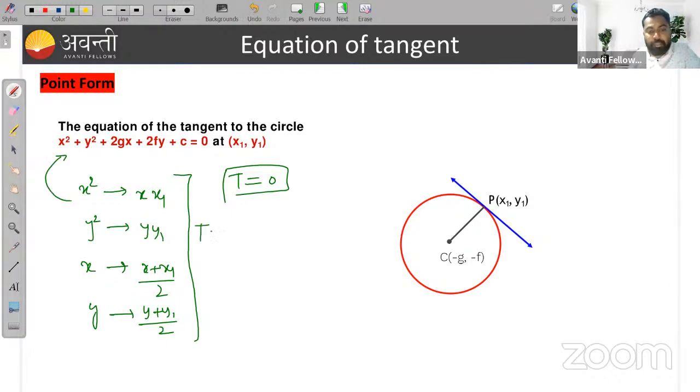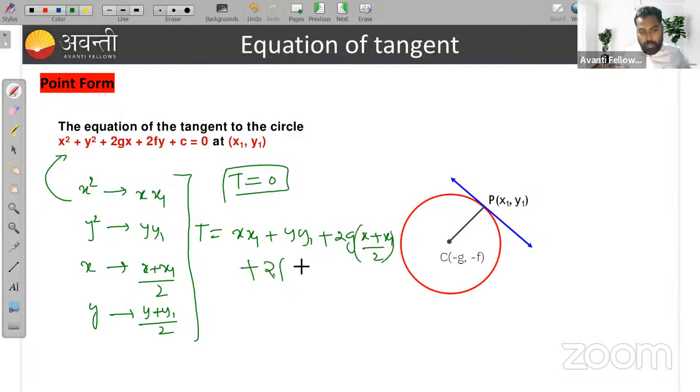So T becomes, in place of x square we need to substitute x1, y square y1, plus 2 into g into x plus x1 by 2, plus 2 into f into y plus y1 by 2, plus c is equal to 0. This is the equation of tangent at a point x1, y1 if that point is lying on the circle.